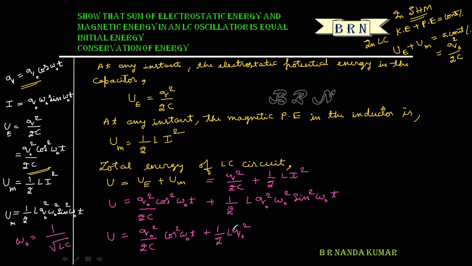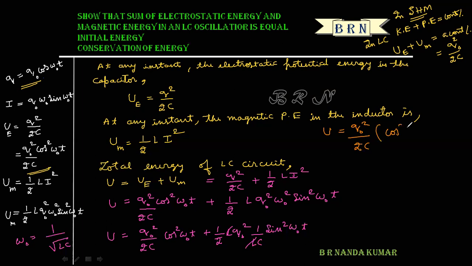So omega naught square is 1 divided by LC, multiplying sine square omega naught T, so L cancels. Now take Q naught square divided by 2C as common.